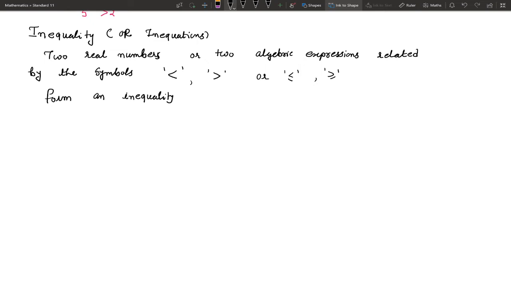For example, x less than 2. So this is an example of inequality. 3x plus 2 greater than or equal to 1 is also an example of inequality.